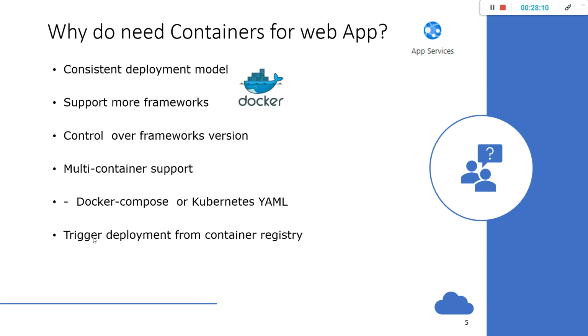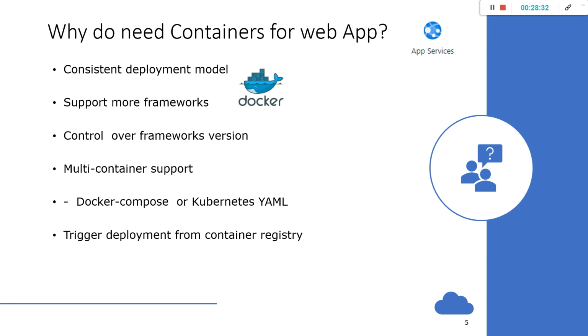Trigger deployment from the container registry. We can push the image to the container registry. Actually, there is a webhook in the container registry, in the repository. We can subscribe to that webhook.